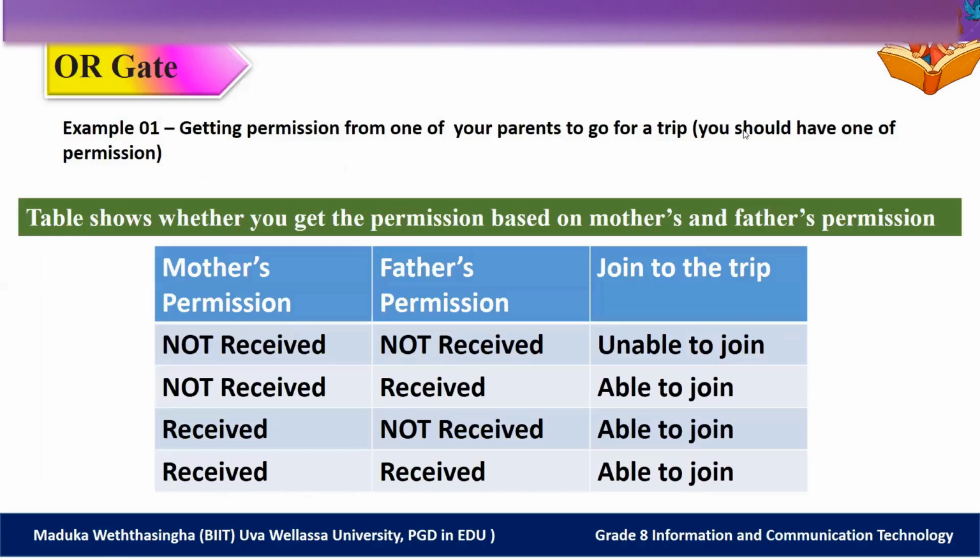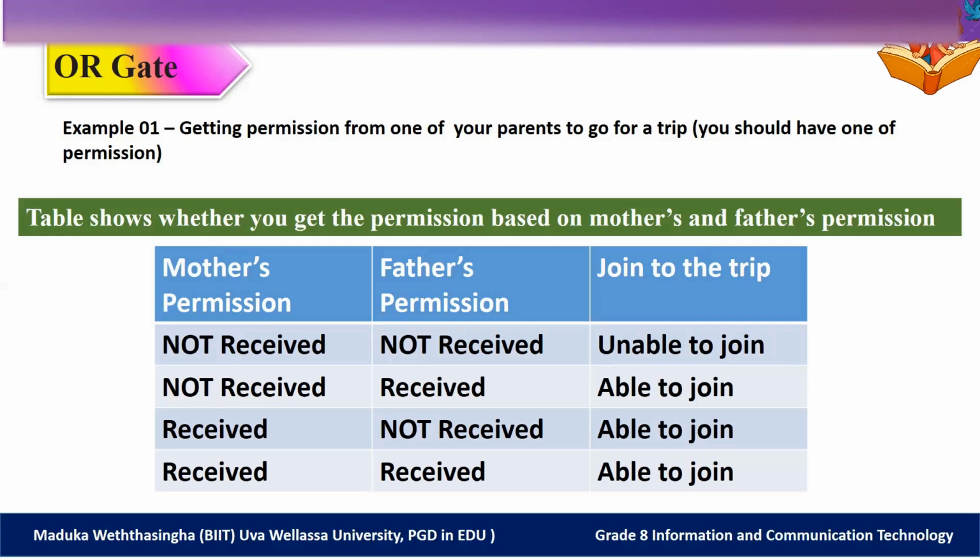Example 1. Getting permission from one of your parents to go for a trip. Again, your teacher organizes a trip for you. But now, teacher's condition is different. Your teacher told you to take the permission, but this time, you have to get one of your parents' permission.